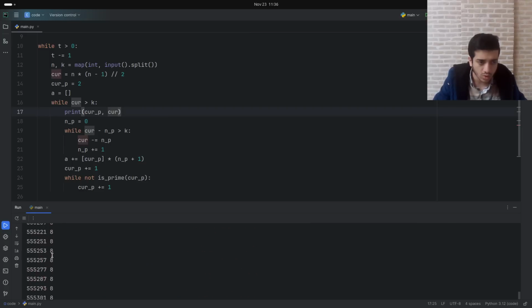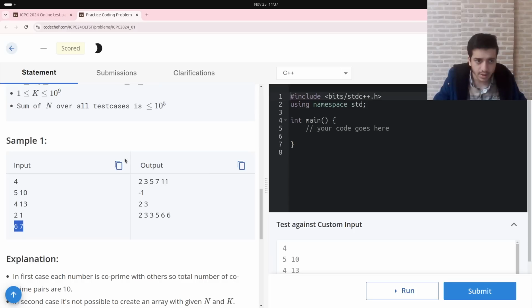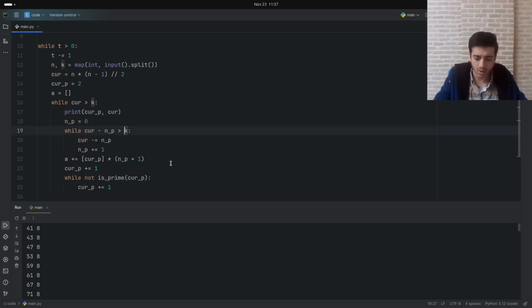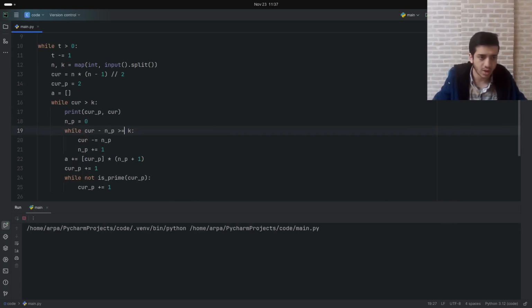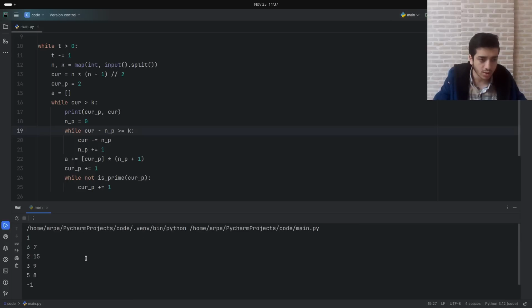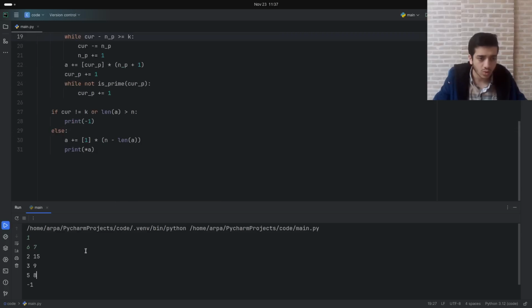Oh, it's going very high. So it's 8 and it's 1 7, so it can add 2, and that's it. I don't understand. So that would fix. 1, 6, 7. And it says -1. Oh, okay.